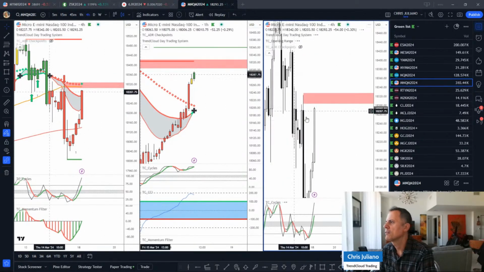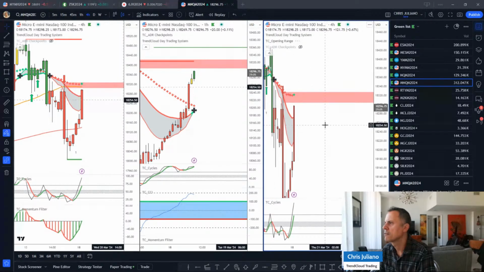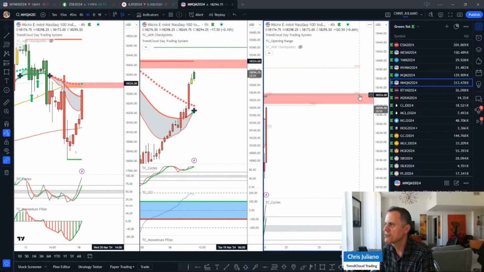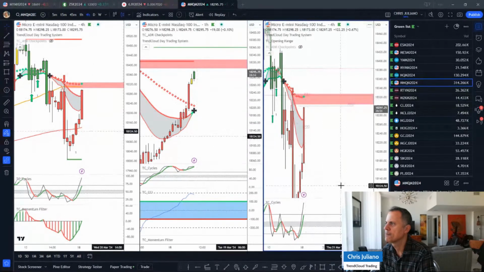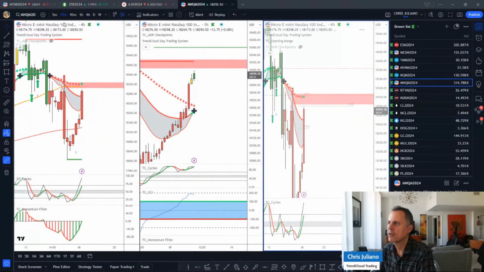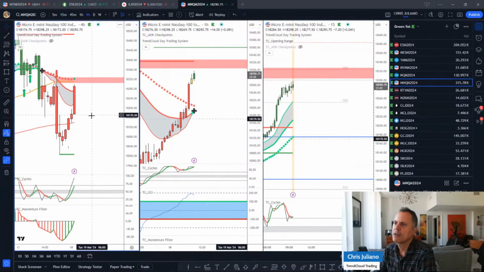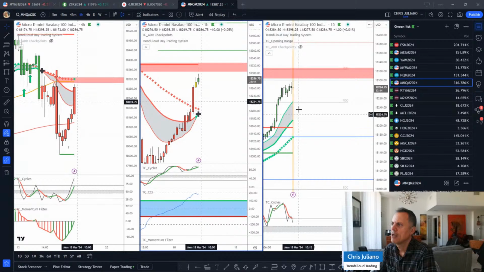Previous month too, I think. Let's see. Yeah, previous week's open, previous day's high, previous month's close, all clustered together here in that area. Interesting. Let's see how it reacts.